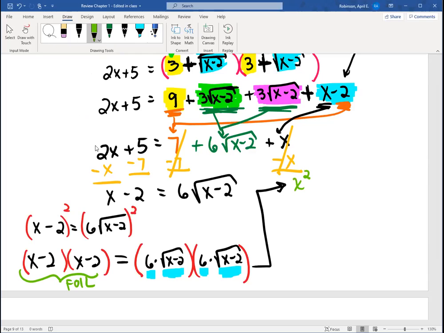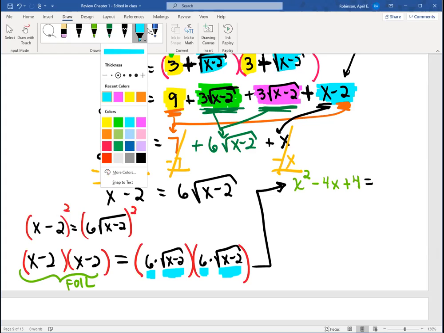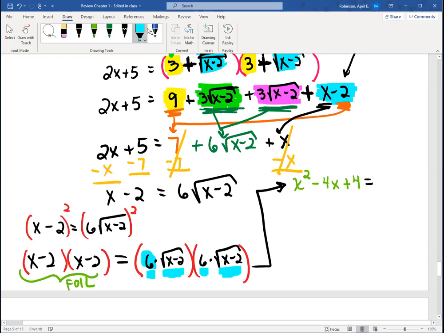I'll have a minus 2x on the outside and a minus 2x on the inside. That's a minus 4x altogether. And then last times last, so negative 2 times a negative 2 would be a plus 4. That's the left side. I FOILed that. On the right side, what I'm actually going to do is multiply the 6 times the 6, because those numbers are not underneath a radical. I can take 6 times 6, and that is going to give me 36.